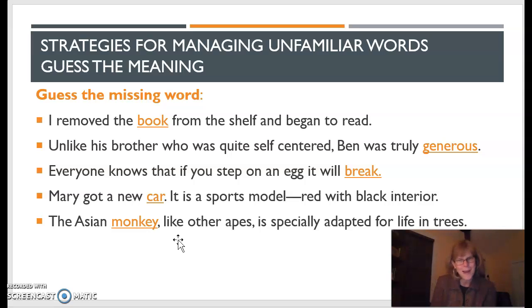So we're talking about monkeys, chimpanzees, gorillas, some kind of an ape would fit in that sentence. Hopefully that was pretty easy. These are sentences that have lots of context, lots of clues, so that you can guess what the missing word is or what a difficult word might mean that's in that sentence.